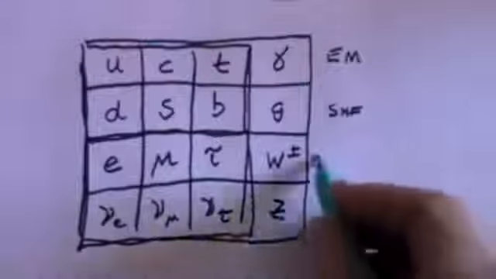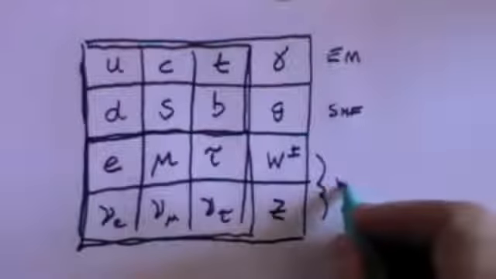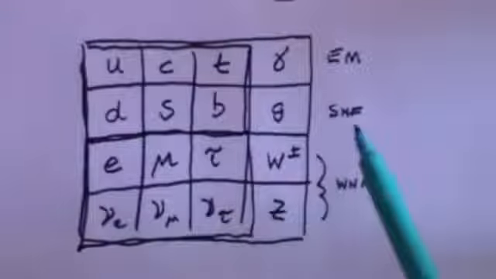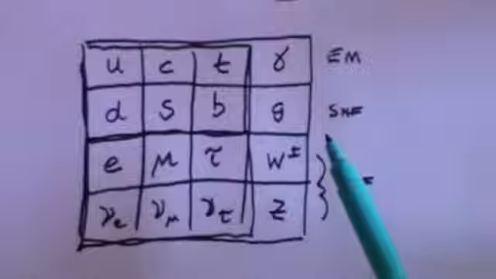The W plus and minus and the Z, which together are the force carriers for the weak nuclear force. You'll notice we don't have the graviton on this model, partly because no one has yet found a graviton, and we don't even know that it exists, and partly, of course, because gravity is not included in the Standard Model, which this diagram purports to show. Only 3 forces are included in the Standard Model.